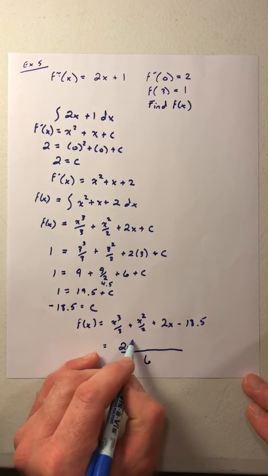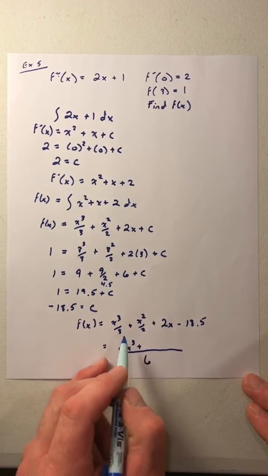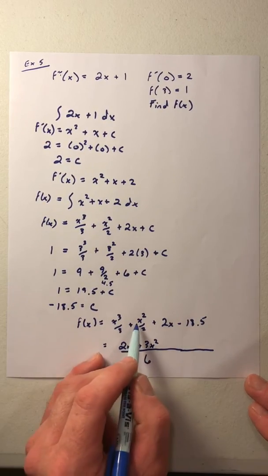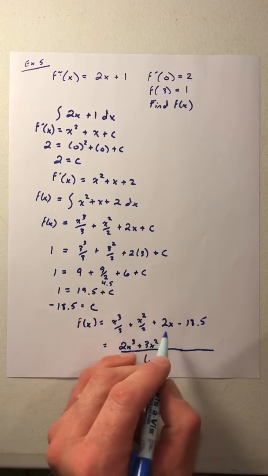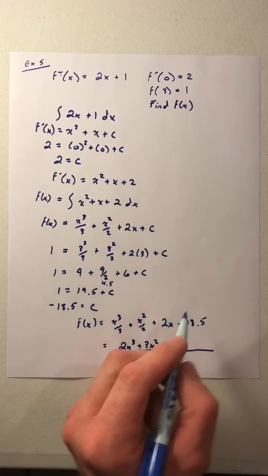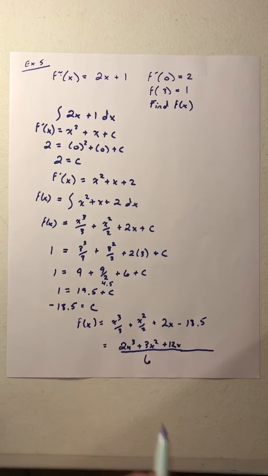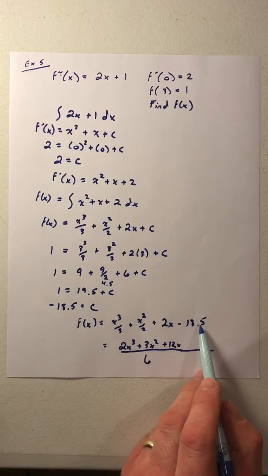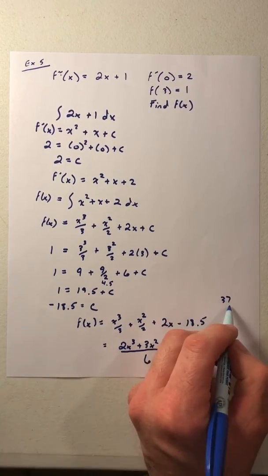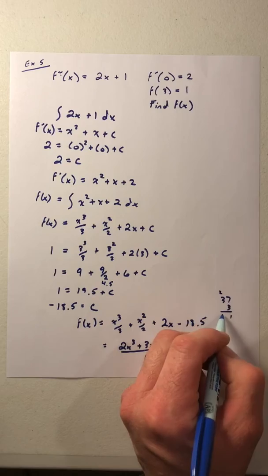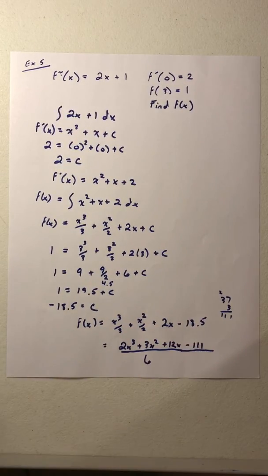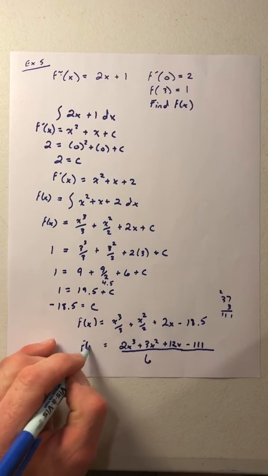I'll end up with 2x to the third plus 3x squared. My 2x is going to multiply by 6, so a 12x. And then I have 18.5 multiplied by 3 and multiplied by 2. Well, 18.5 multiplied by 2 gives me 37 times 3. Doing that off to the side here, we get 111. So minus 111. And there's our original function, f of x.